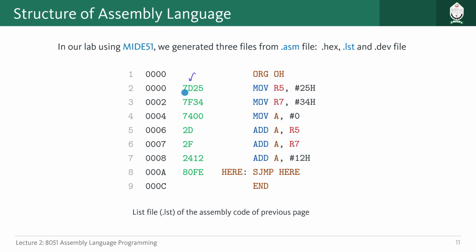Our CPU will decode this data with the help of the instruction decoder. So it will understand that into the R5 register we have to move some data. What data? That is stored on the next location in the ROM, which is 0001.